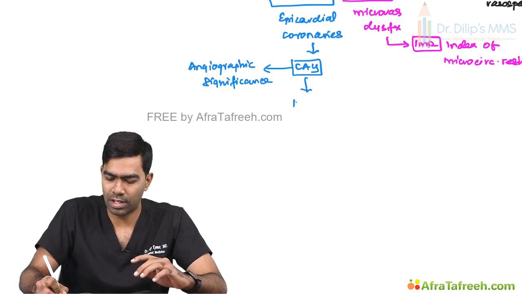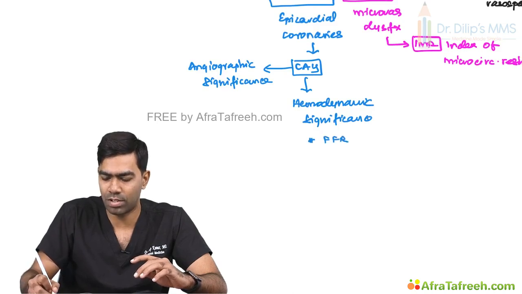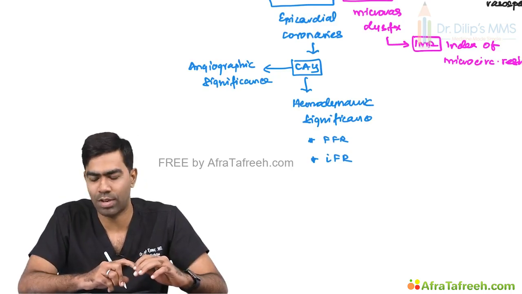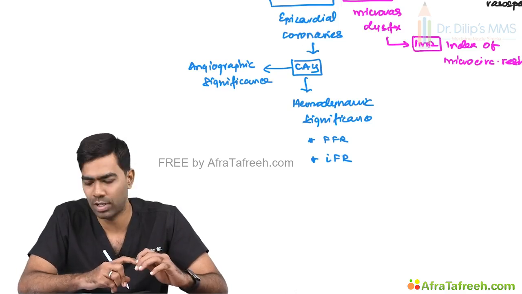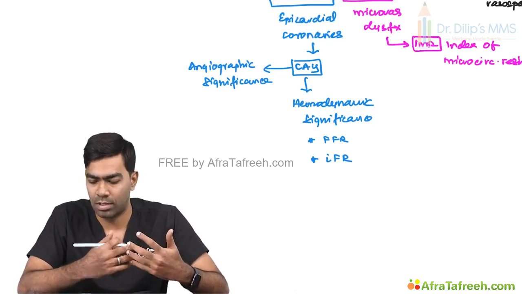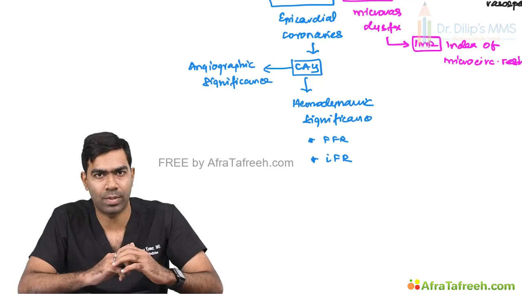To tell that, you need to use certain indices. For example, we have fractional flow reserve and the instantaneous wave-free ratio, called iFR. So FFR and iFR are two important values that you have to know, which can assess the hemodynamic significance of an epicardial coronary lesion, in fact the left mainstem lesion as well.